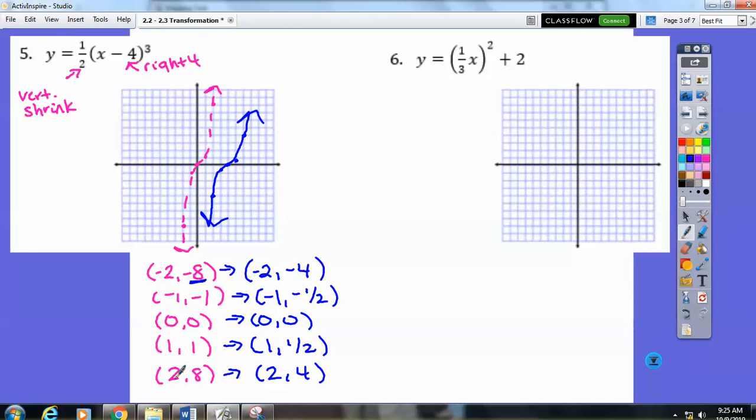So my graph looks like that. So when in doubt, take the time to write out those points.